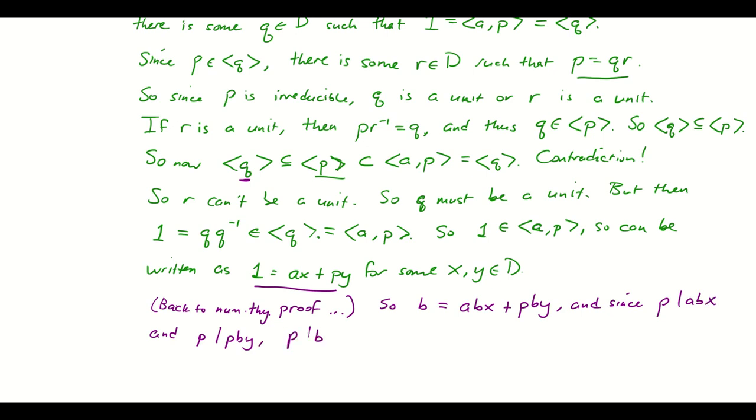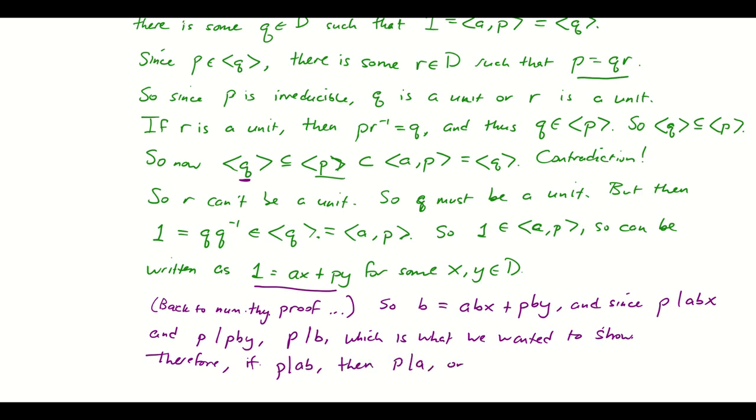P must divide B, and that's what we wanted. Therefore, we conclude that if P divides AB, then either P divides A or P divides B. If P doesn't divide A, then it ends up having to divide B after all of this reasoning. So anyway, that's the proof.